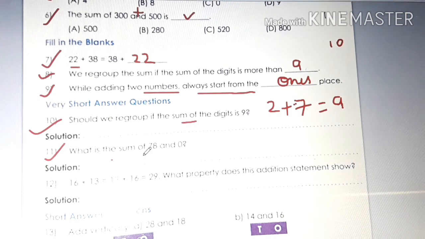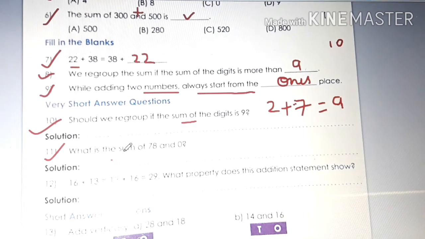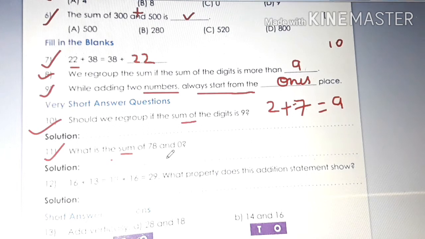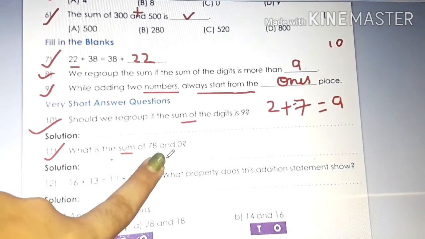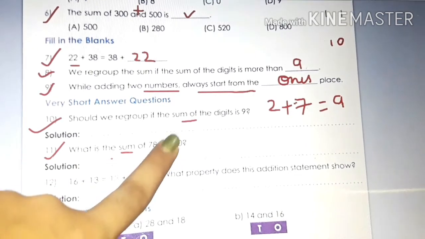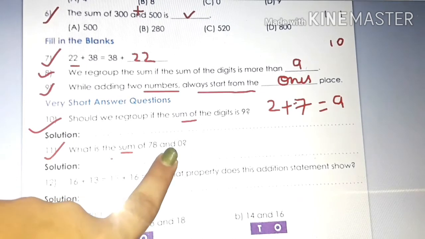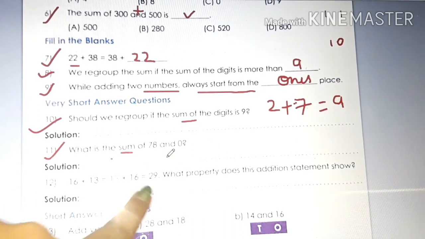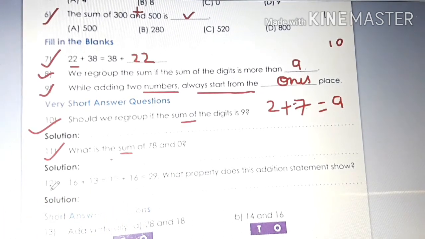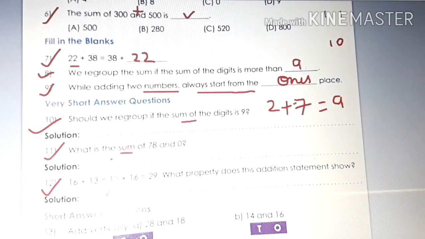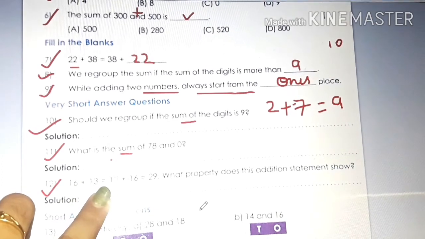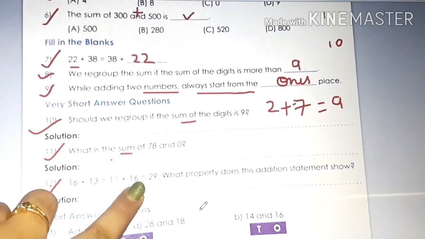What is the sum of 78 and 0? Again, children, the word sum is used in addition. So we have to add 78 plus 0. What is the property? The number itself. The sum is the number itself, that is 78. Next, 12. 16 plus 13 equal to 13 plus 16.